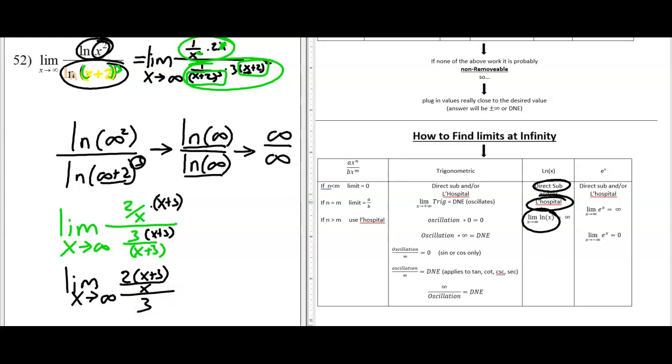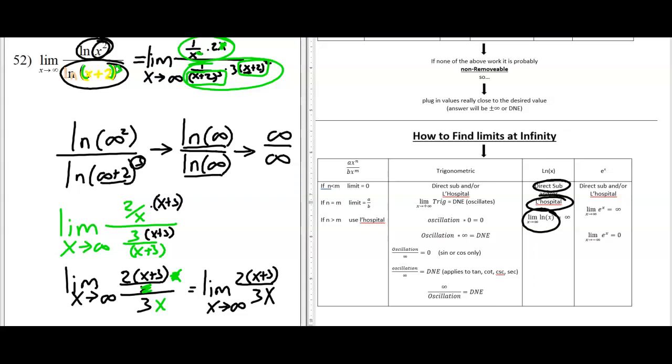And then I'm going to multiply the top and the bottom by x. So these cancel out, which leaves me with this. And then I'm ready to do my, oh, I forgot my x there on the bottom. Then I'm ready to go ahead and try my direct substitution here.